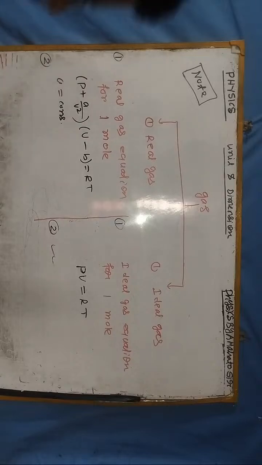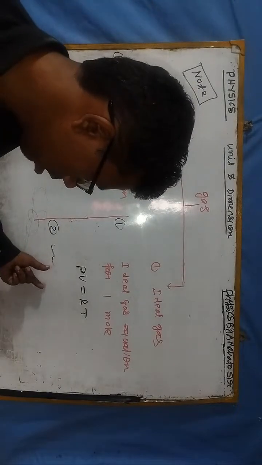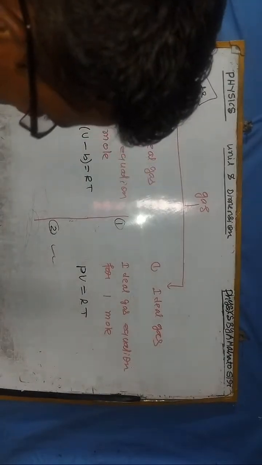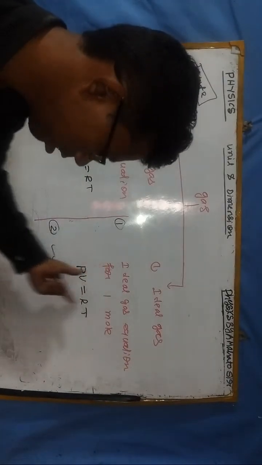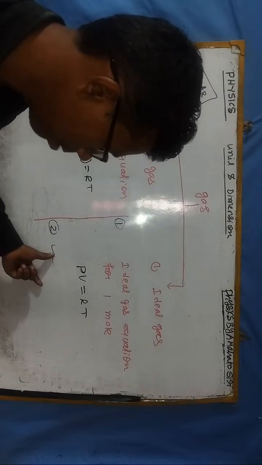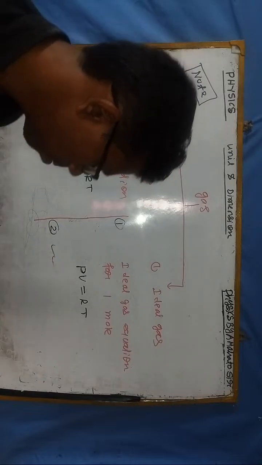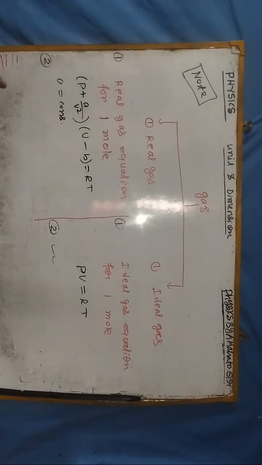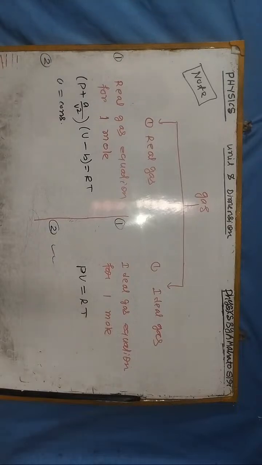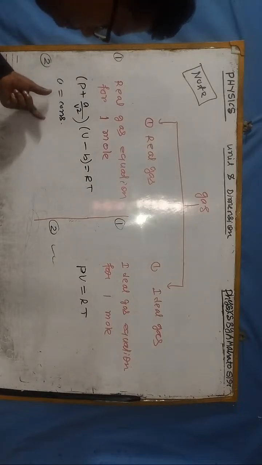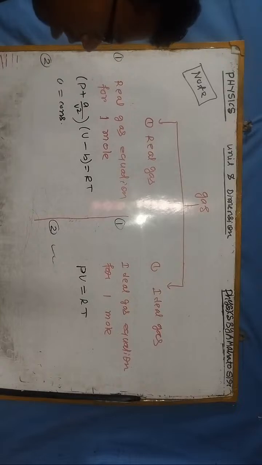So the ideal gas follows Boyle's and Charles' law at every temperature and pressure, but the real gas does not follow Boyle's law and Charles' law at every temperature and pressure.